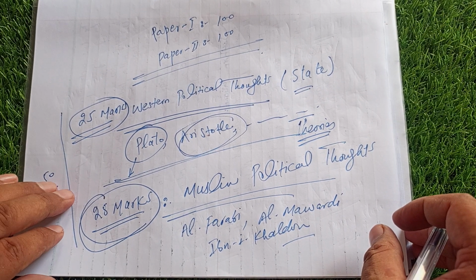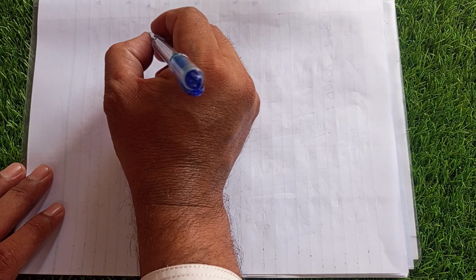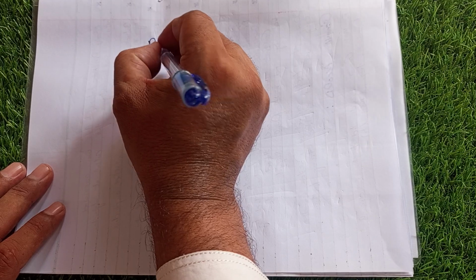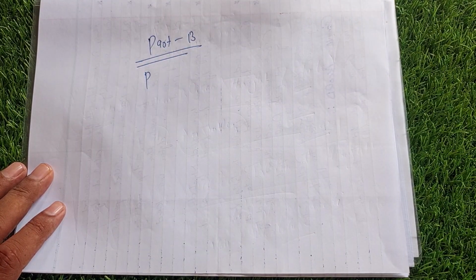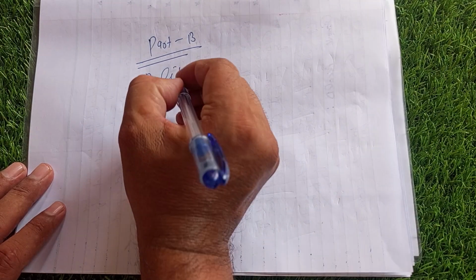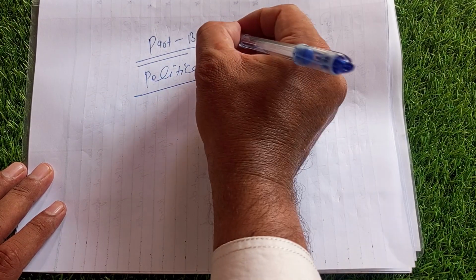And if we talk about the other part of this political science, that is Part B, political science, for 50 marks.